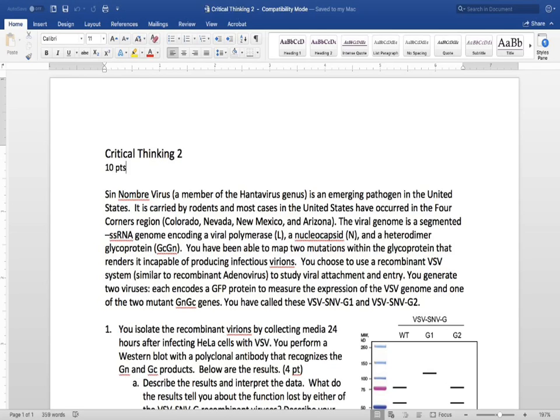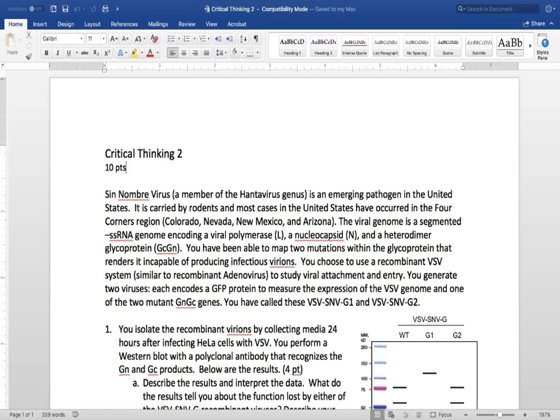Without name virus, okay? A member of the hantavirus genus, it is an emerging pathogen in the U.S., carried by rodents in most cases in the U.S. and has occurred in the Four Corners region. The viral genome is segmented, negative single-stranded RNA, encoding a viral polymerase, a nucleocapsid, and a heterodimer glycoprotein.